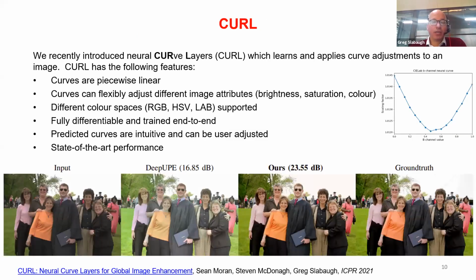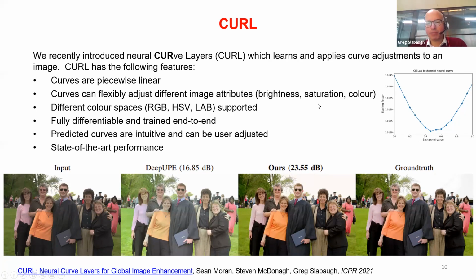To address that question, we invented a neural network we call Curl. Curl has these neural curve layers, which learn and apply these transformations to an image. Our curves are composed of 16 points, and they're piecewise linear. We applied these curves in different color spaces like RGB, HSV, and LAB to enhance different properties of the image.